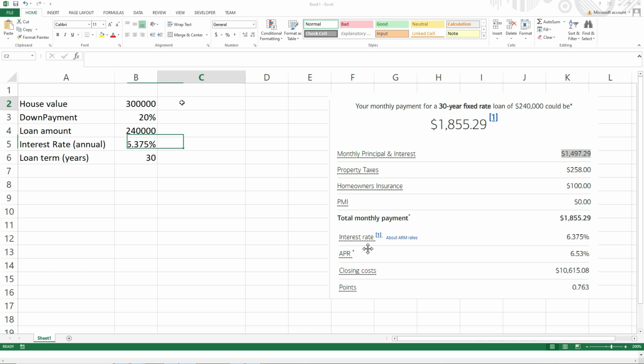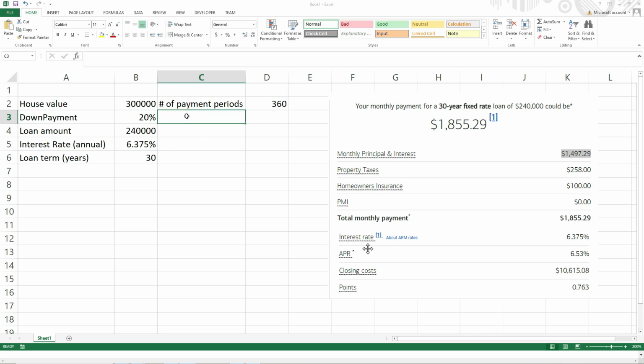First of all, we want to adjust the loan term into the number of months because we want to calculate the monthly payment. So I'm going to write number of payment periods here, which should be 30 years multiplied by 12. In total we are going to pay 360 monthly installments.